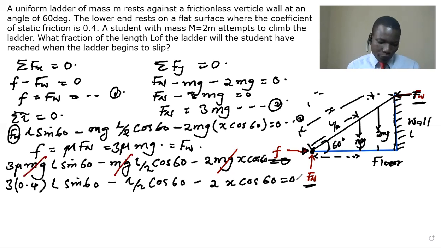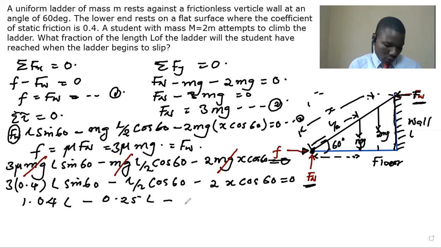So we can punch that in and we get 1.04 L here minus, so we have cos 60, and then we are going to have 0.25 L minus x equal to 0.